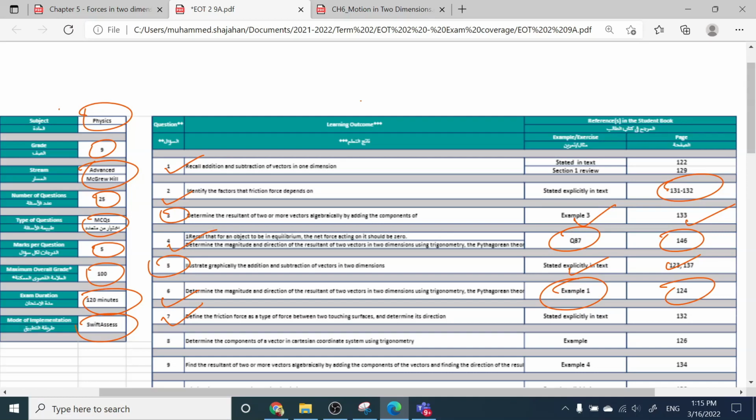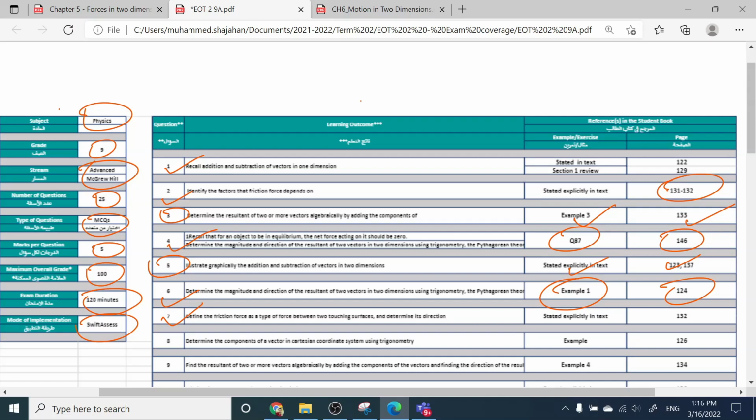Frictional force is the opposing force that acts between two surfaces in contact when an object has a tendency to move, or if the object is moving. If the object is not moving but has a tendency to move, then that friction is called static friction, and the friction acting while the object is in motion is called kinetic friction.